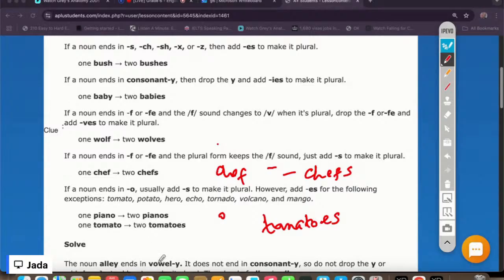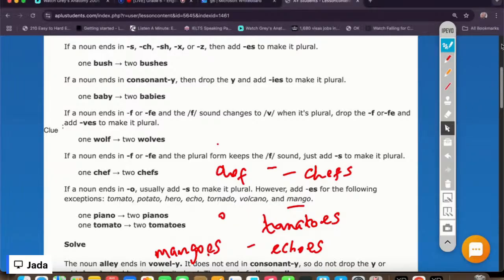Or even when we have mango, in the plural form it becomes mangoes with es. So there are specific words that are unique, just like these words here: potato, tomato, hero, echo, tornado, volcano, and then mango. Okay, so yeah, this is it.